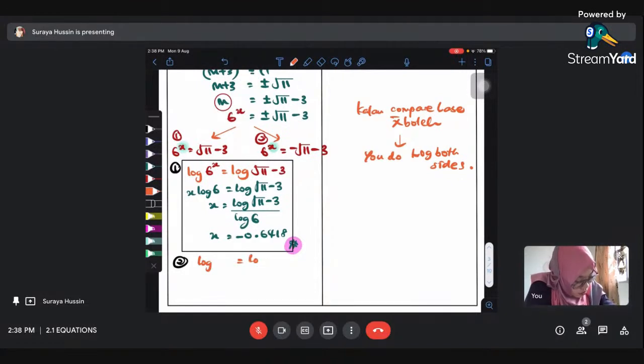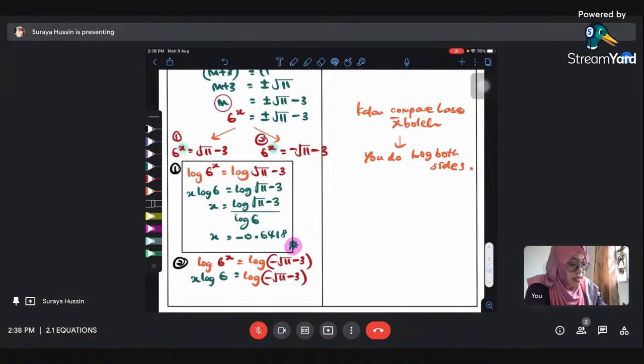Untuk equation yang kedua, buatlah bracket kalau kamu pening, and then jadikan X ni turun, bring down the power. The rest of this you copy back.